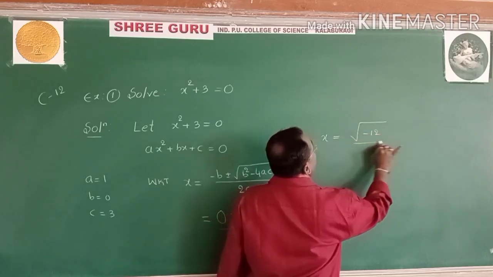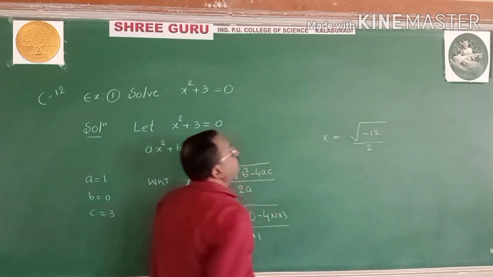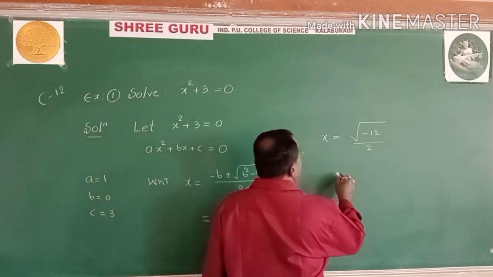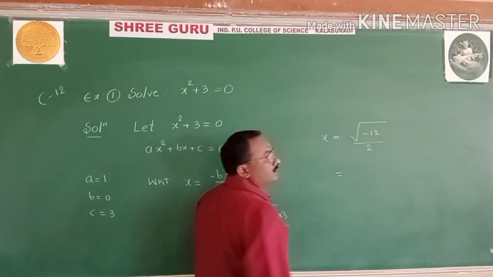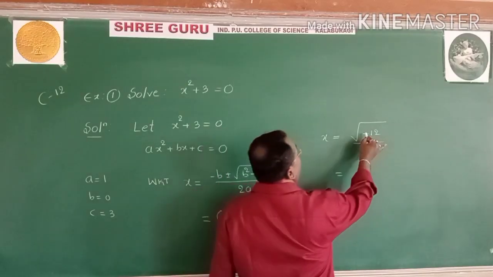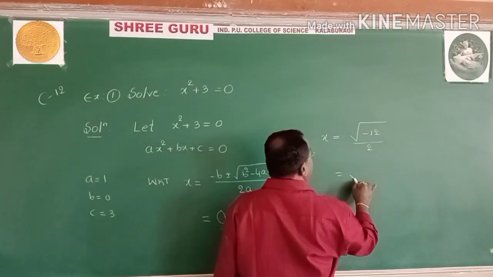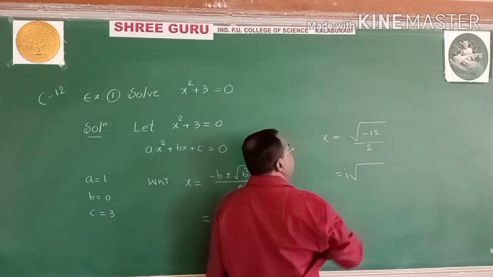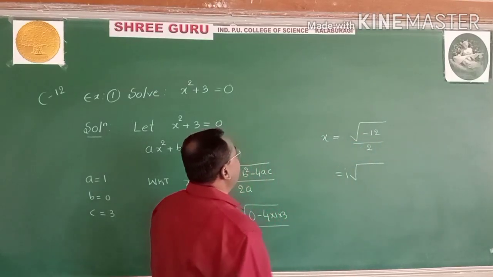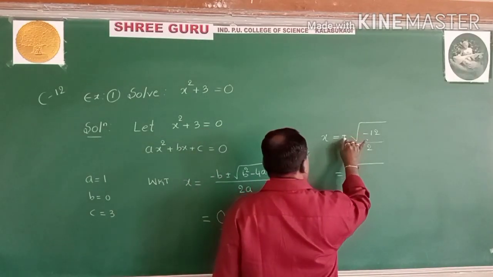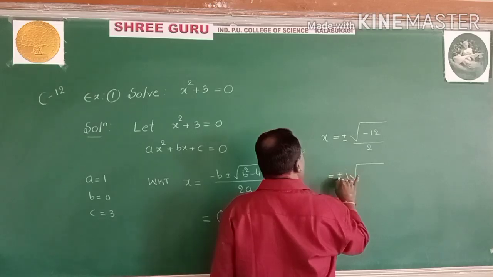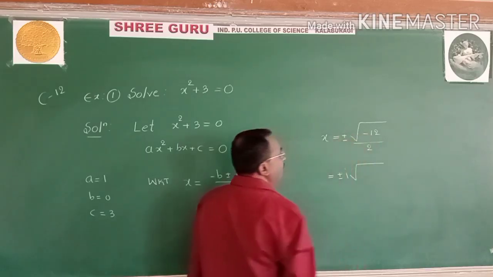Minus 12 divided by 2. Clear? Here negative means this can be expressed outside. Negative outside is i. Plus or minus is there.